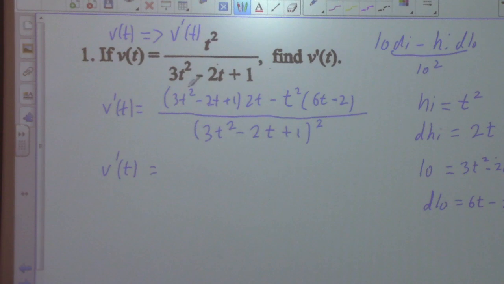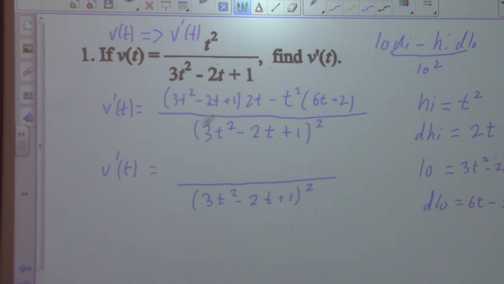So really all you have now is simplification on top. That's it. Usually you'll just leave this low in place like this. So really it's a matter of simplifying on top.